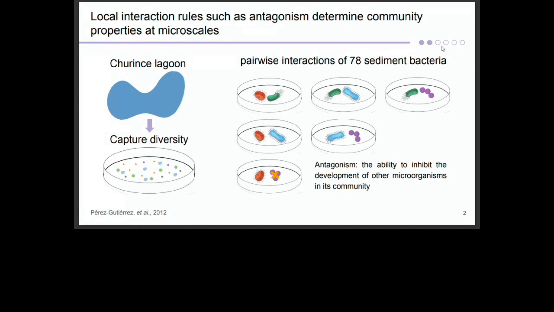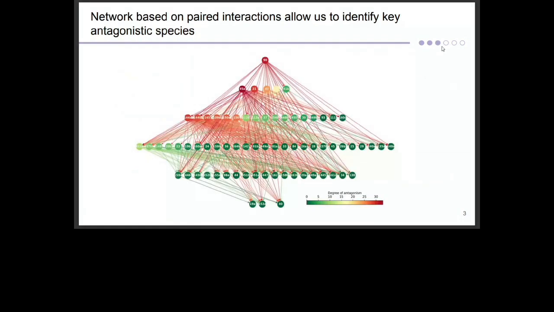So you can imagine this matrix of 78 in presence or absence of this antagonism. But as some other people were saying, networks are everywhere. So we can visualize this matrix in a hierarchical network. What we are seeing here, first, is that each node represents a strain of the 78.